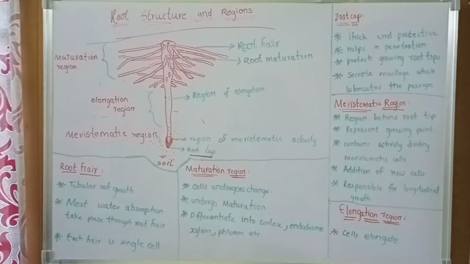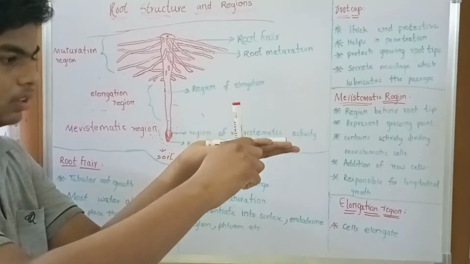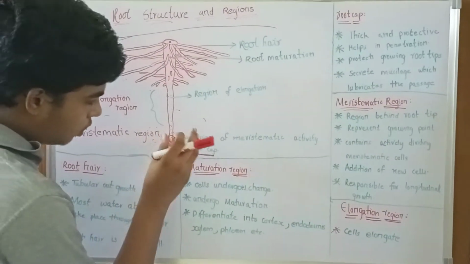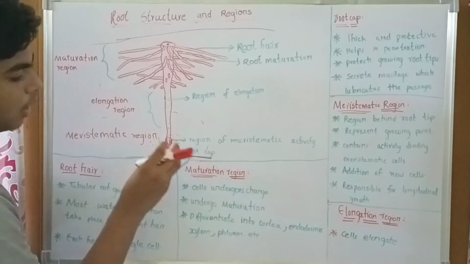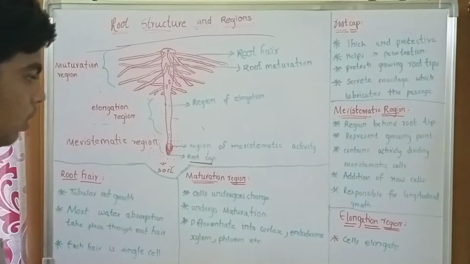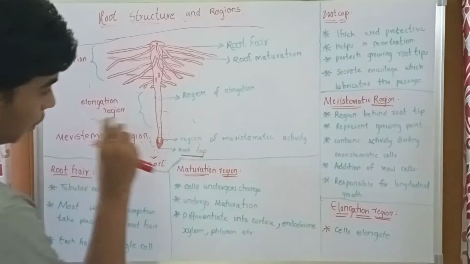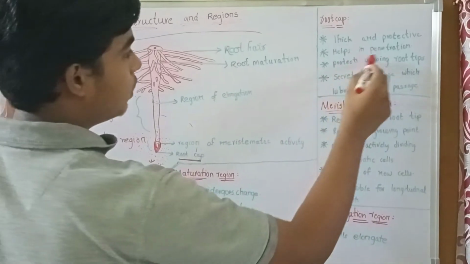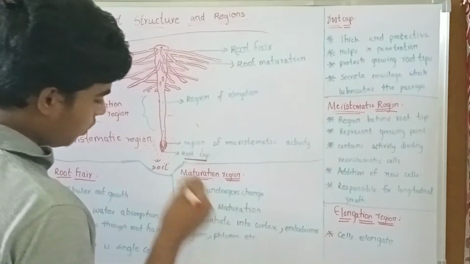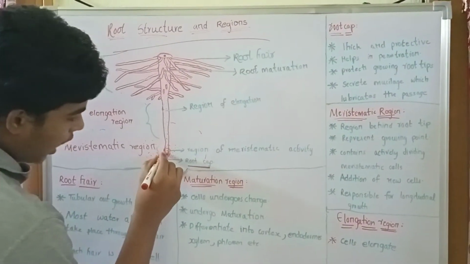Penetration means something goes into the surface, like this, it penetrates like that. To penetrate into the soil, the root caps are helpful because they are thick protective layers and they don't let damage reach the tip of the root, and they protect the growing tips.